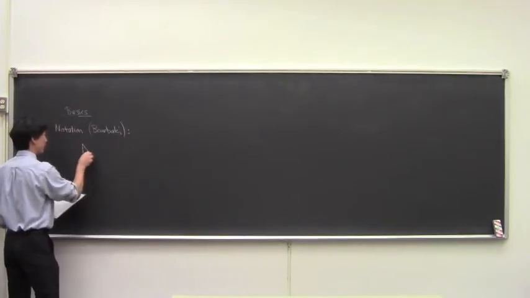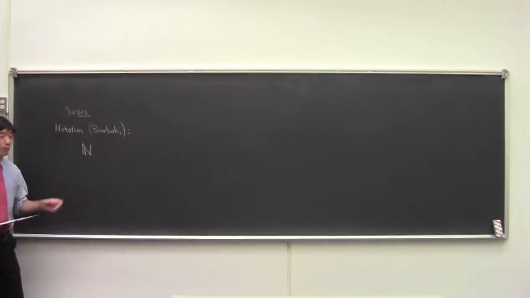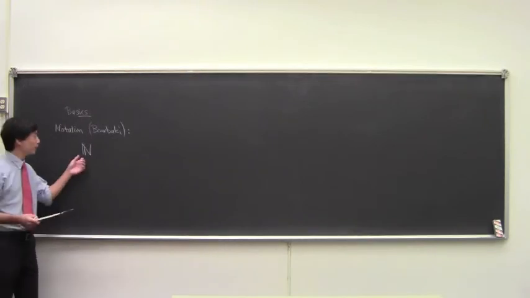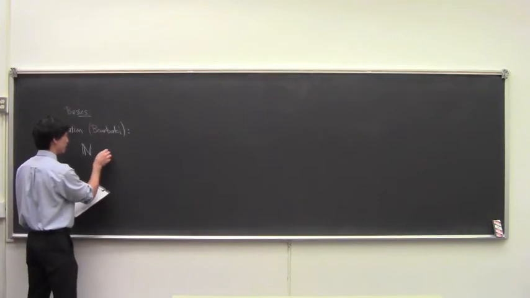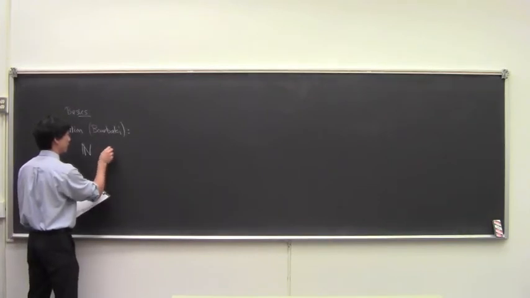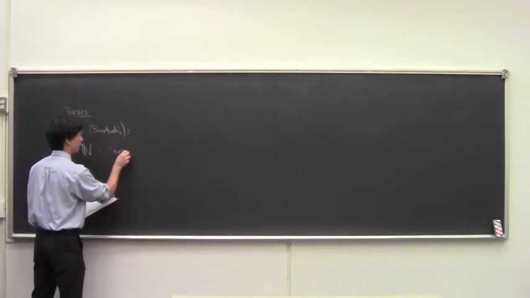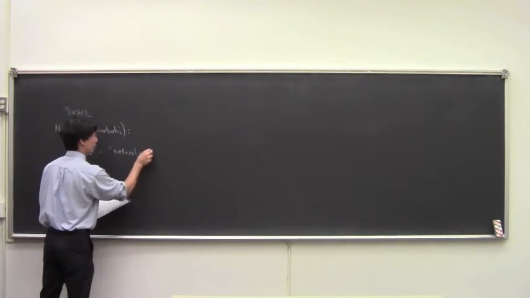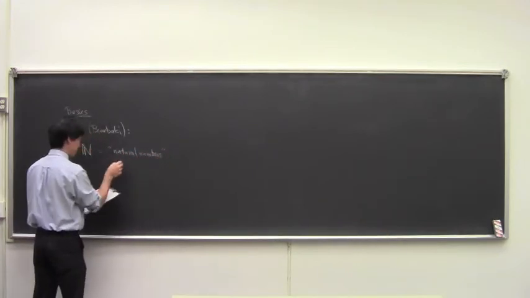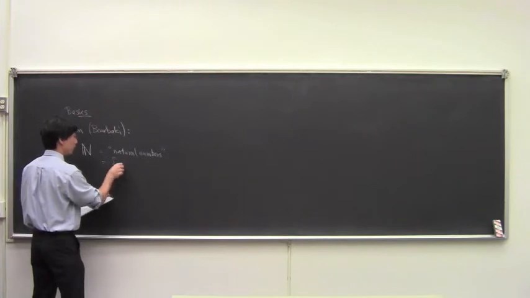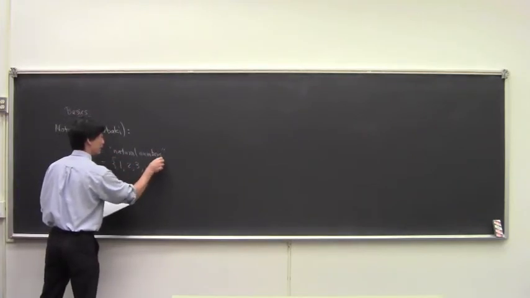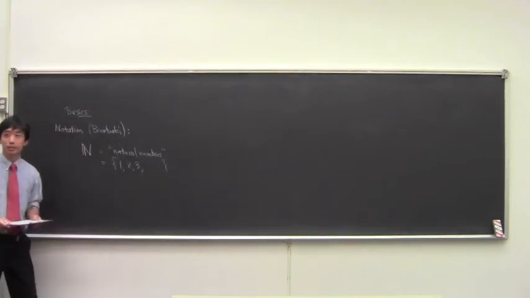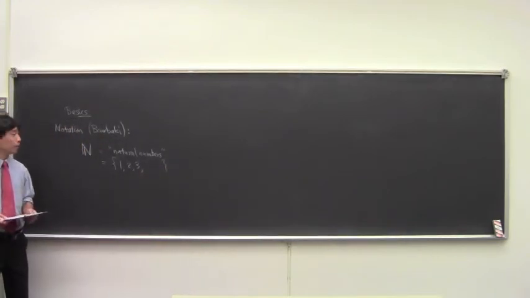One uses a blackboard bold script N to denote the natural numbers. And for most people, that means the numbers 1, 2, 3, 4, 5, 6, 7, 8, 9, 10, etc. Okay, so the positive whole numbers.